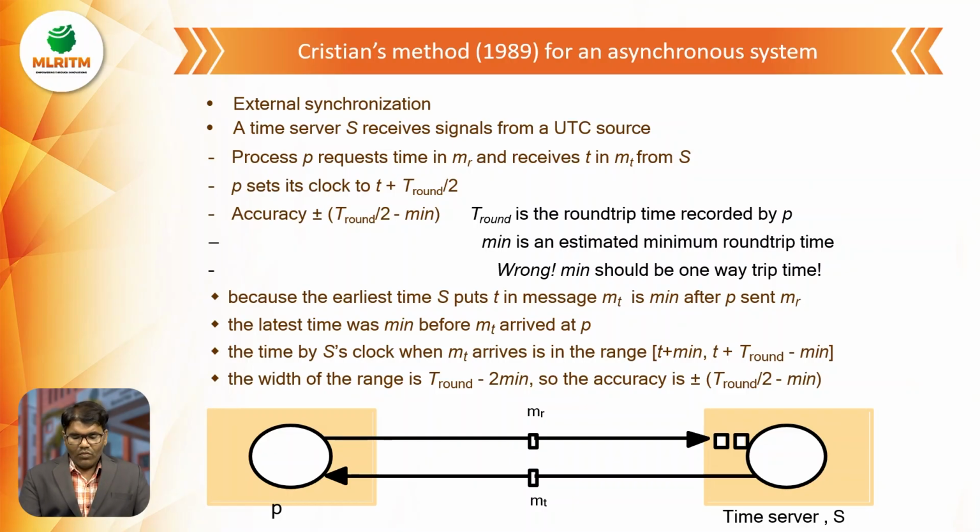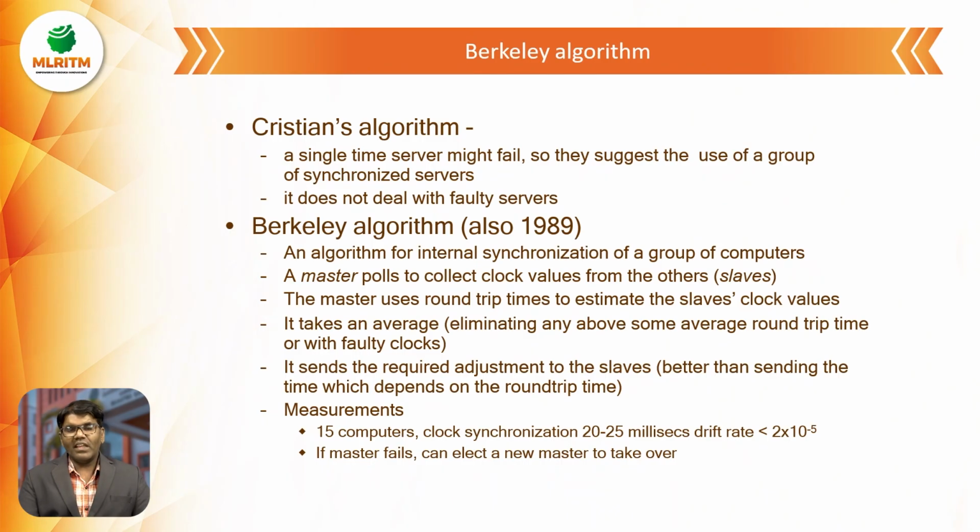Here we have process P and server S, sending the message mr and receiving the message mt. That was Cristian's algorithm. A single time server might fail, so it suggests using a group of synchronization servers.